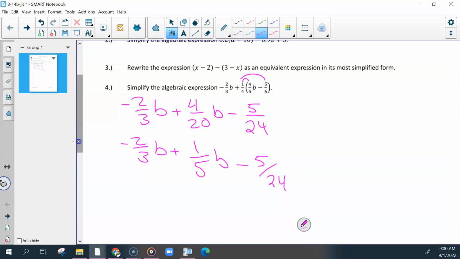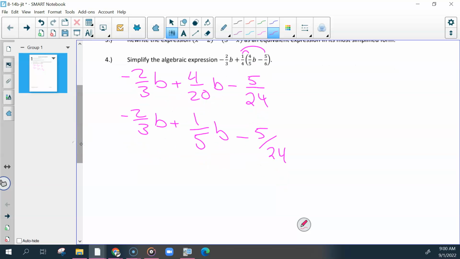And then we need to combine our b's. They have different denominators. What did we change this denominator to be? Otis? 15. So multiply this by 5, this by 5, this by 3, this by 3. Negative 10/15b plus 3/15b.